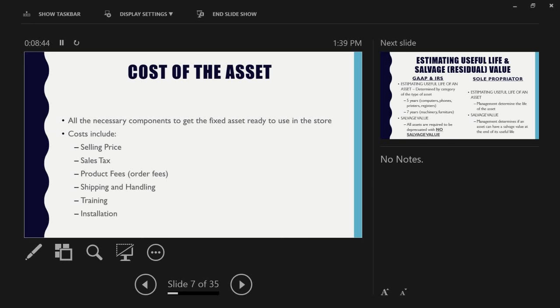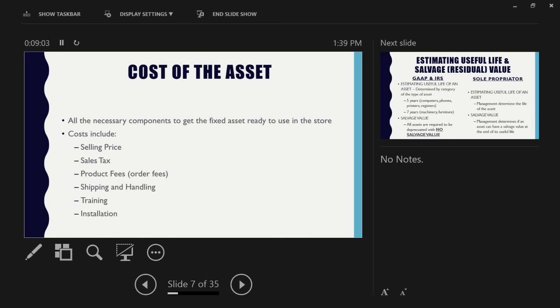The first one's going to be cost of the asset, right? You need to determine the full cost of the entire asset. So that can include the selling price, sales tax if you had to pay it, any shipping and handling fees that had to accommodate it.